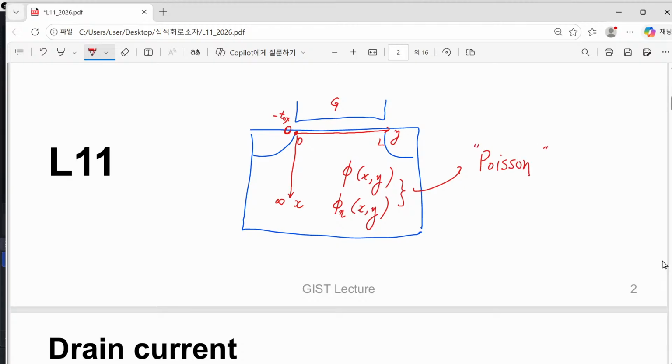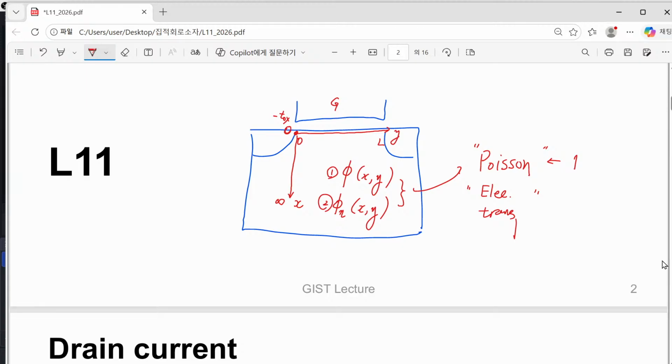However, the Poisson equation is just one single equation, and we have two different unknown variables, so we need another one corresponding to electron transport. That was a thing we have to consider.